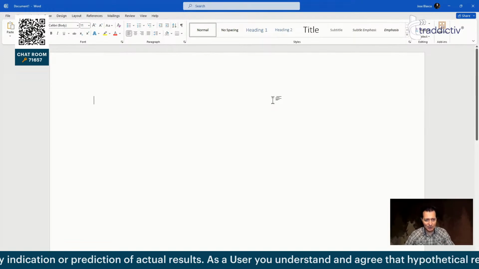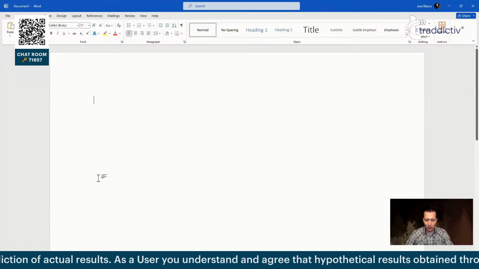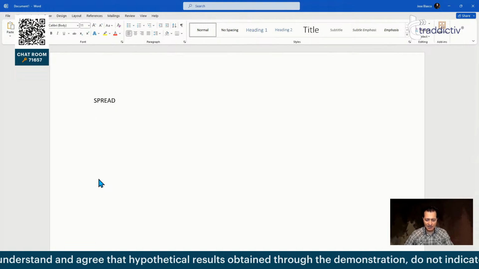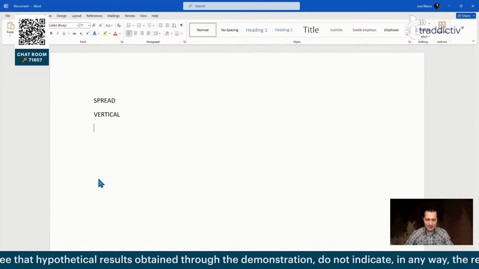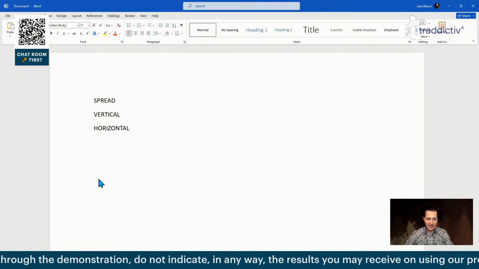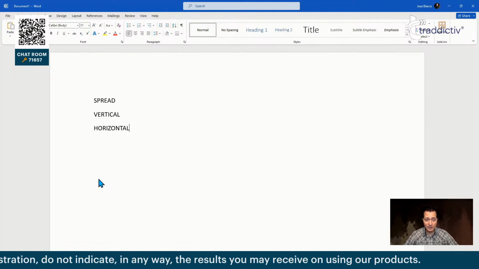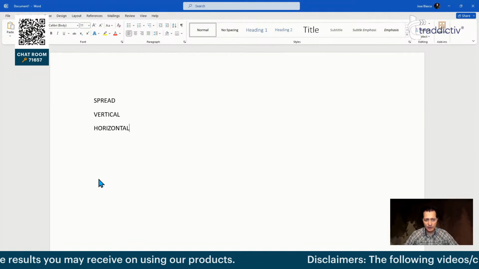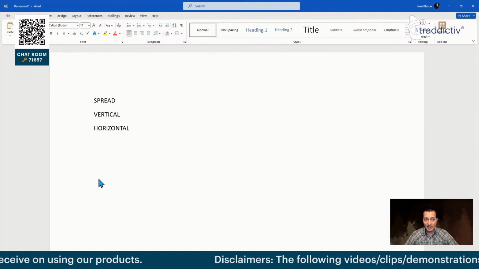I want to be a bit visual. First, what's a spread, second, what's a vertical, then what's a horizontal. Once we speak the same language, we can move into scanning for them and then how to construct them.